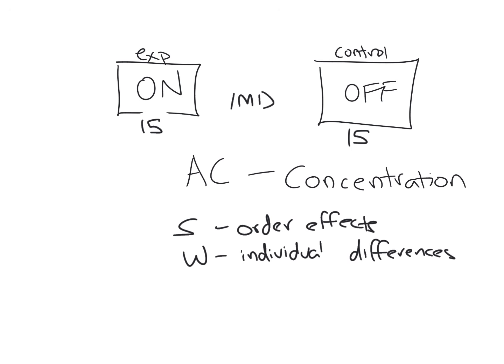We checked their grades and we split them evenly. We made sure that there are an even number of students with an A, a B, a C, a D in the AC on condition, and an even number of students with an A, B, C, D in the AC off condition. So I have matched my two groups in terms of their academic level. So that particular individual difference is no longer a confounding variable in my study. And it is still an independent measures design, but removing this problem that was lowering my validity.